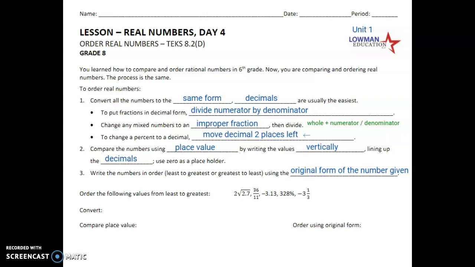So now we're going to order the following values from least to greatest. Our first problem is 2 and 7/10 squared, and these are your keystrokes. You're going to hit 2 in your calculator, second x squared. You're going to key in 2.7 or 2 7/10, and then you're going to hit enter.